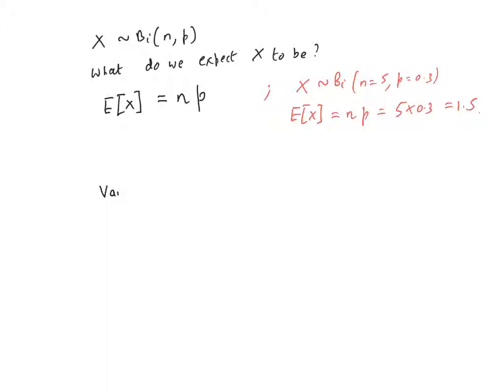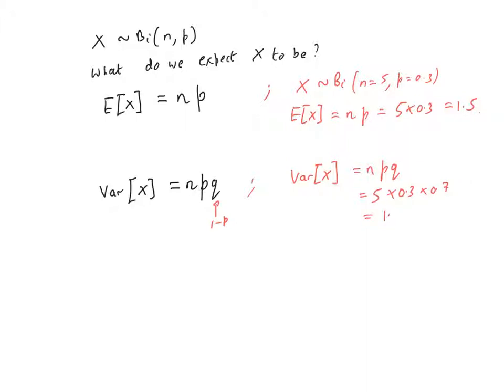Similarly, the variance of X, which is a measure of spread of X, can be shown to be n times p times q, where please remember that q is 1 minus p. And if we now work that out in the example, then the variance of a binomial random variable with n equals 5 and p equals 0.3 would be n times p times q, which equals 5 times 0.3 times 0.7, and that's 1.05.